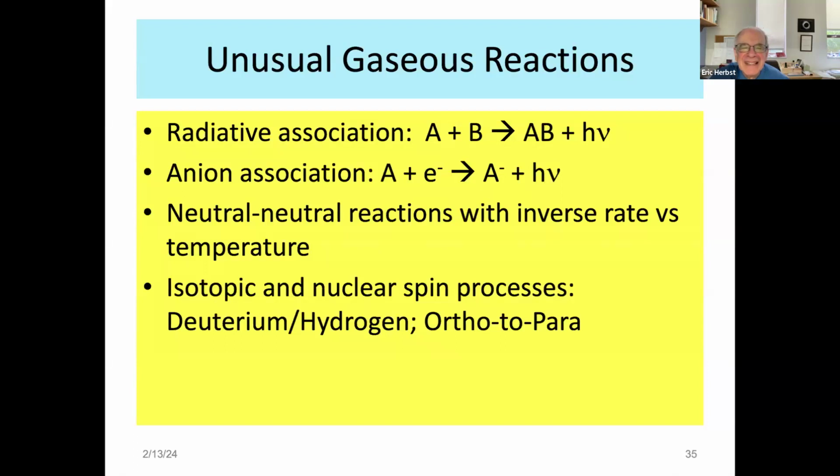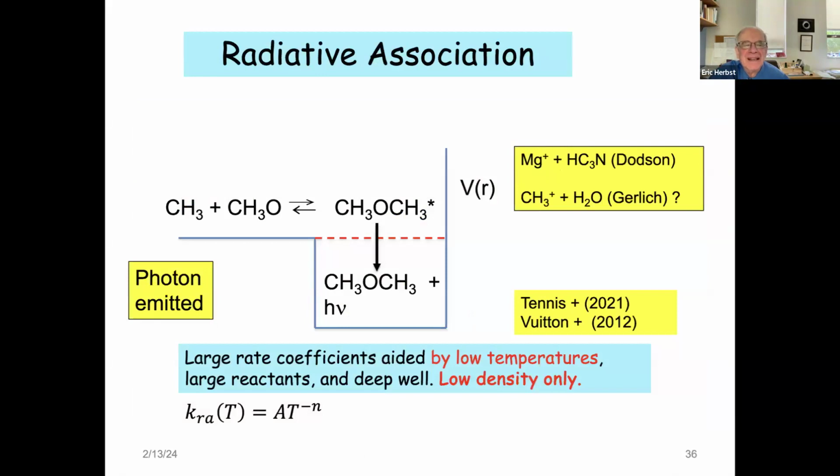Anyway, there are others. There are electrons sticking to neutrals. There are neutral-neutral reactions with very unusual rates. And we'll take a brief look at that. Okay, so this is a picture of radiative association. The idea is two species come together, and if they're big, they last a long time, and they have time enough to actually emit radiation and stabilize themselves.